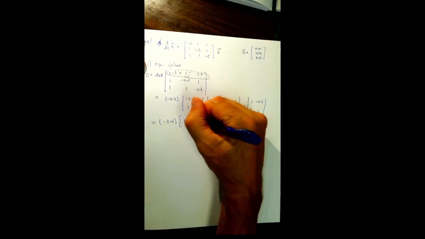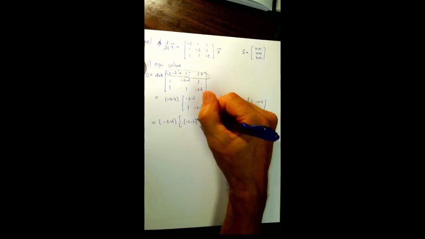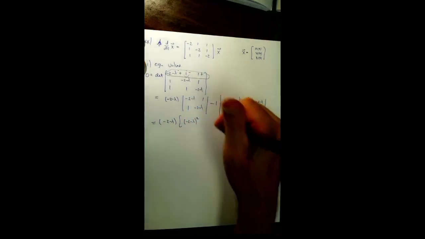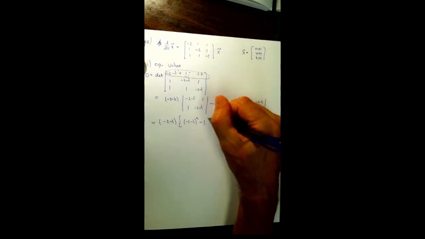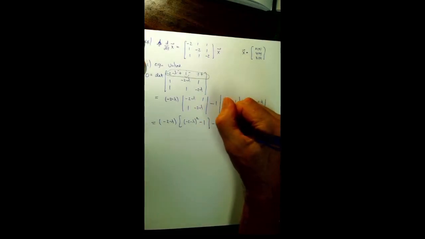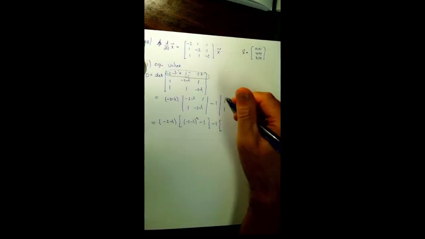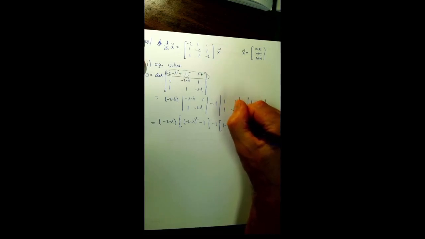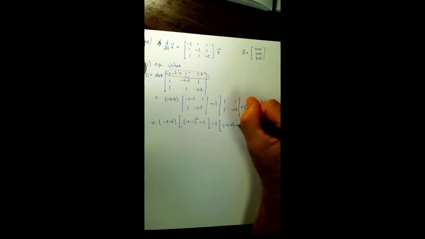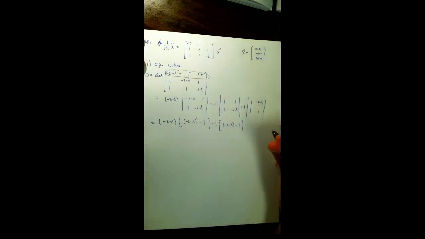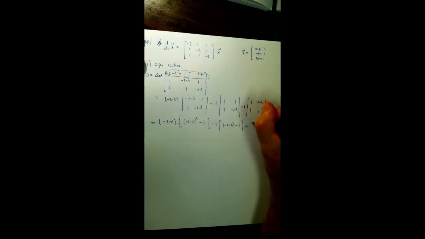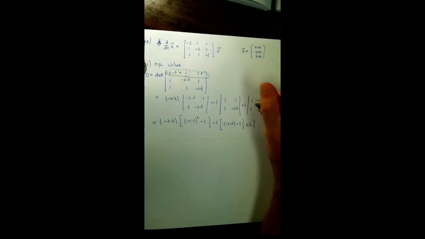This becomes minus 2 minus lambda times minus 2 minus lambda, so that's squared, minus 1 times 1. Now I'm going to have 1 times minus 2 minus lambda minus 1. Then here this is going to be plus 1. I'm going to have 1 times 1 minus a minus 2 minus lambda times 1.